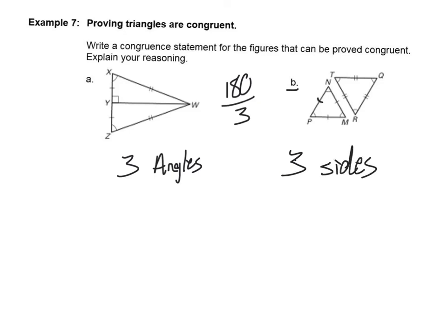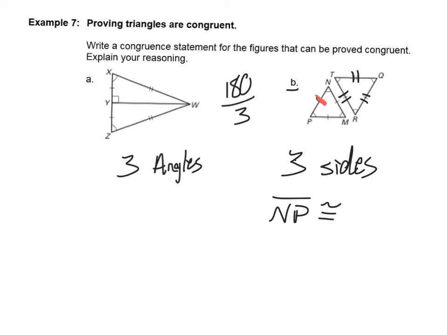So the thing is, we have one tick mark on NP, for example, if I start there. Well, the problem is when I move to the second triangle, each of these side lengths have 2 tick marks, which tells me that they are not the same length as NP with 1 tick mark. All right.